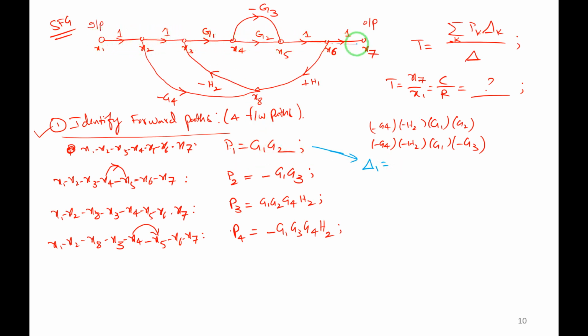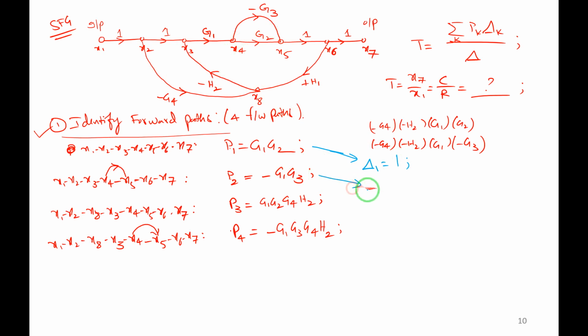There are two loops, one loop is this and another loop is this. They are touching, so delta 1 is 1 only: 1 minus gains of the loops which are not touching. Those two loops are also touching, so delta 1 is 1.